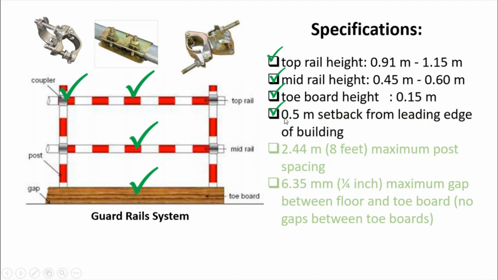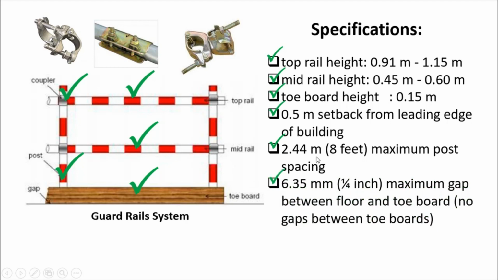Installing of the edge protection should be 0.5 meter setback from the leading edge of the buildings, and 2.44 meters or 8 feet maximum post spacing. So between these two posts, the maximum spacing should be 2.44 meters. If you make it 2 meters, it is better, but the maximum spacing is 2.44 meters.